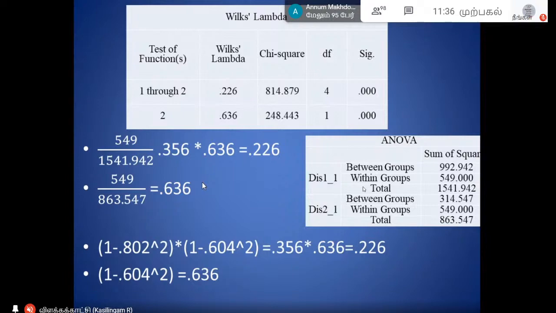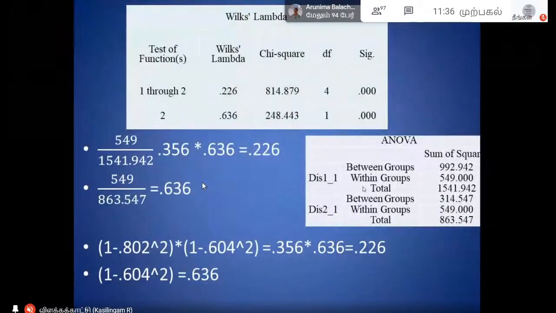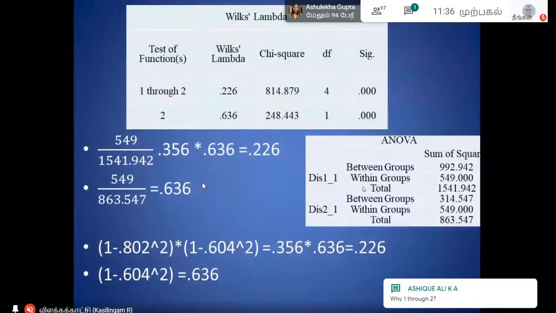Both the functions are 0.000, which means both functions are important. Though we say one function alone explains 75% and the other function explains 25% of the total variability. The sum of this one is only 80% because of that function, the remaining is because of the other function.